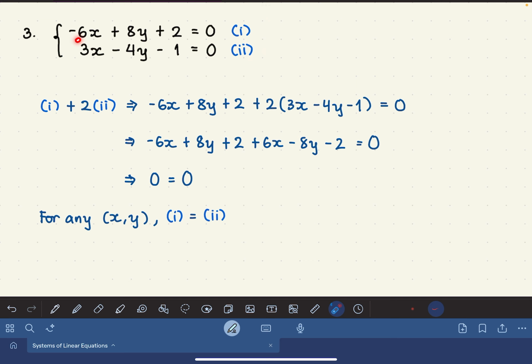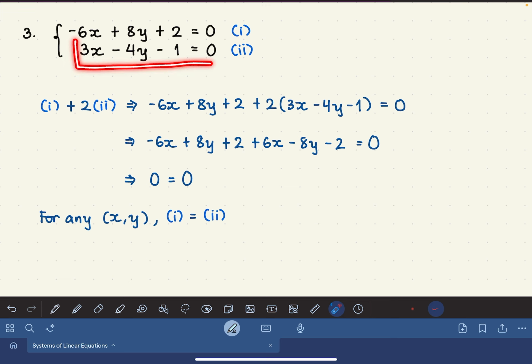Or you could also view it this way. Note that since this one is a linear equation, this is just a line. And these two represent the same line. So if we have here the coordinate system, suppose this is the first equation, the second one basically overlaps it. Which means that we can actually disregard one of the equations and just focus on one of them because they are just the same.